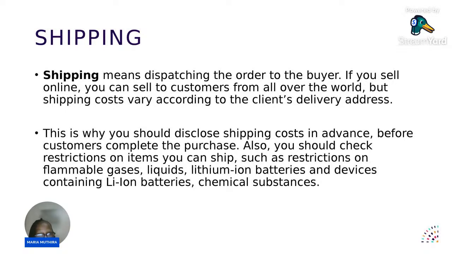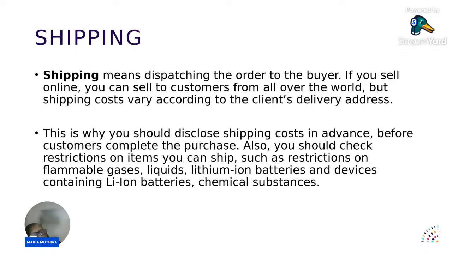Also, you should check restrictions on items you can ship, such as restrictions on flammable gases, liquids, lithium-ion batteries, devices containing lithium-ion batteries, and chemical substances. So there are things that you cannot ship overseas.